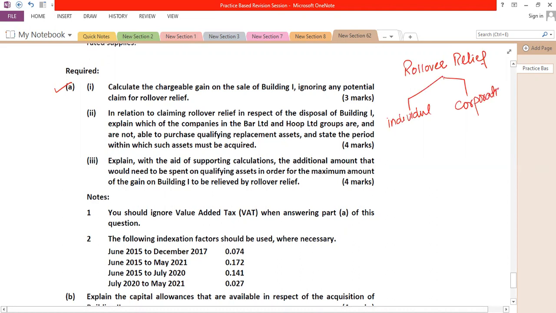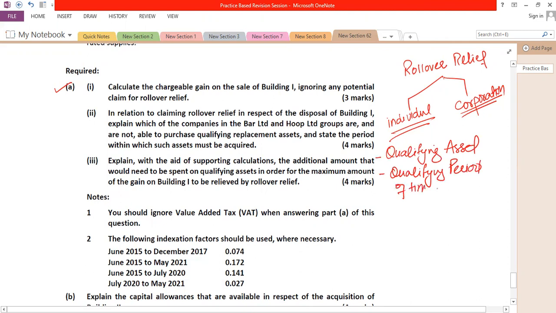Other than that, we usually use no other relief. For rollover, you must remember the qualifying asset condition, which items are part of qualifying assets. And there is also one condition, the qualifying period of time. If the examiner asks about the explanation side, then we have to write. But the first part is only calculation. No explanation is needed, right?